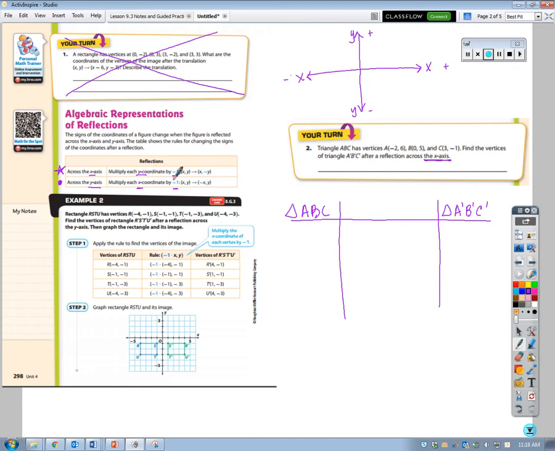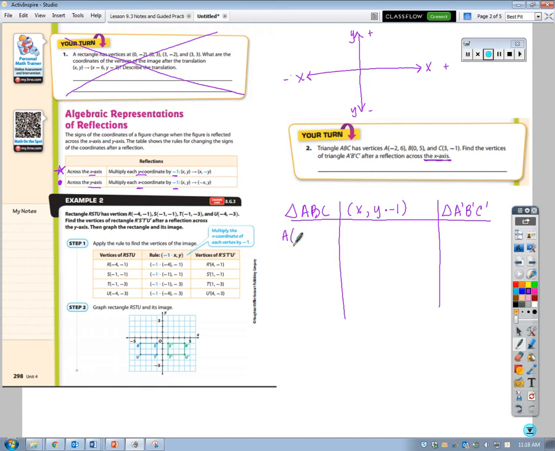So that means that for my rule, x is going to stay the same. Y is going to be multiplied by negative 1. That's a little multiplication dot there. So let's go ahead and fill these points in.